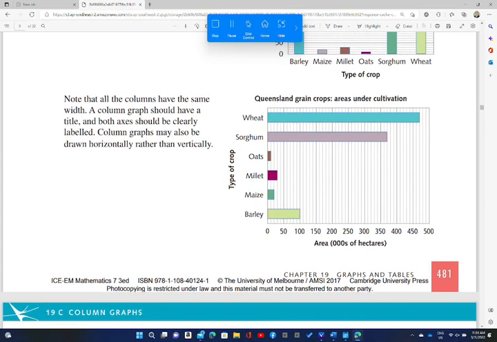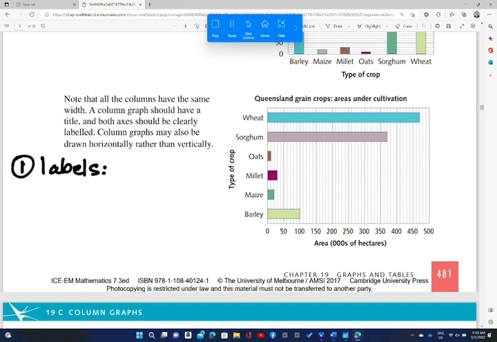Now, they just give you some general ideas, but you know me, I'm going to give you some steps. So the first thing is you need labels. If you forget the labels, everything else you do is wrong, because it's worthless.